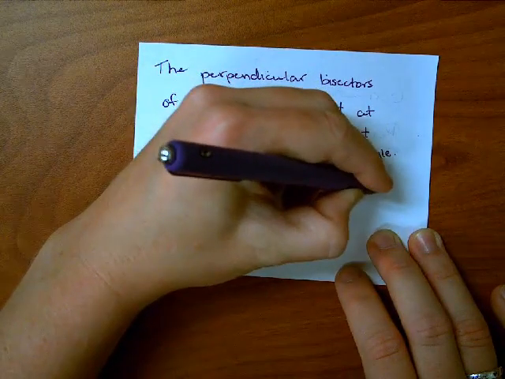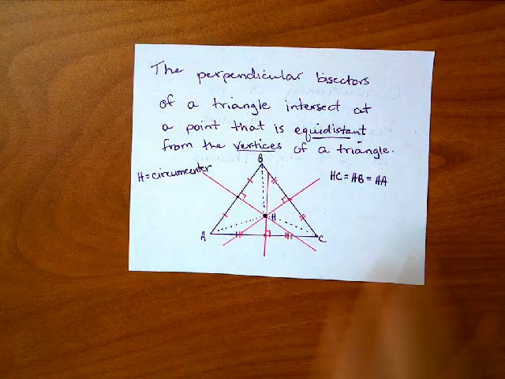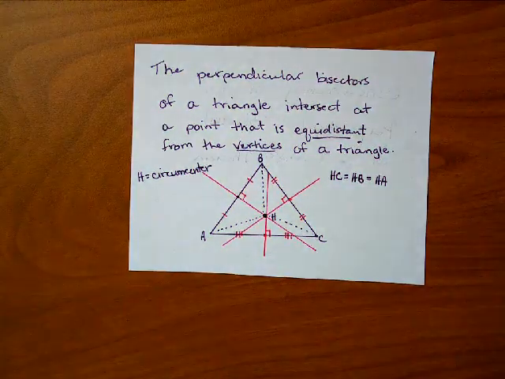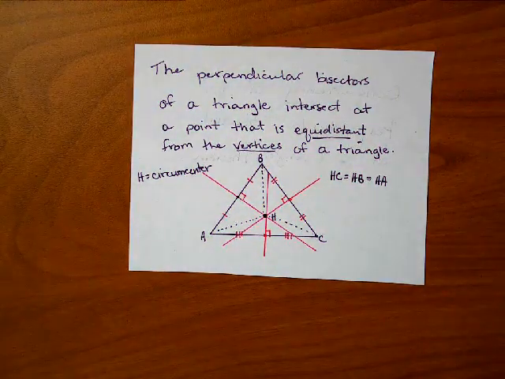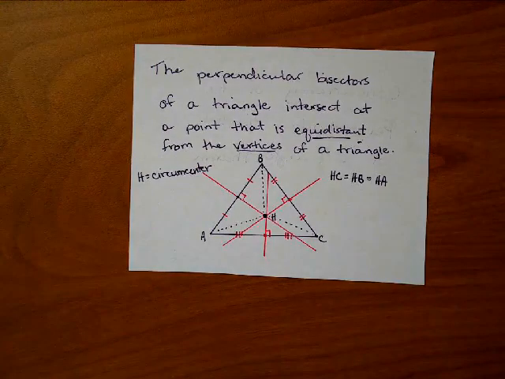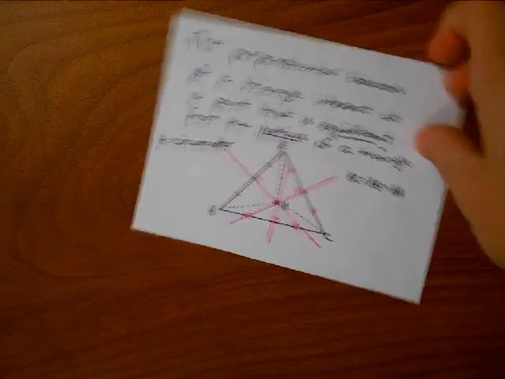So that circumcenter, that point where it intersects, is the same distance from A, B, and C. So our perpendicular bisectors intersect at the circumcenter, and the circumcenter is equidistant from the vertices of the triangle. So there's our concurrency of the perpendicular bisectors of a triangle theorem.